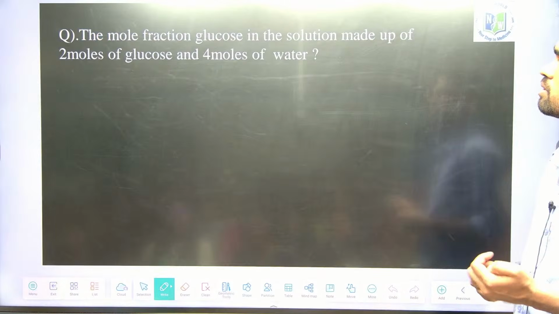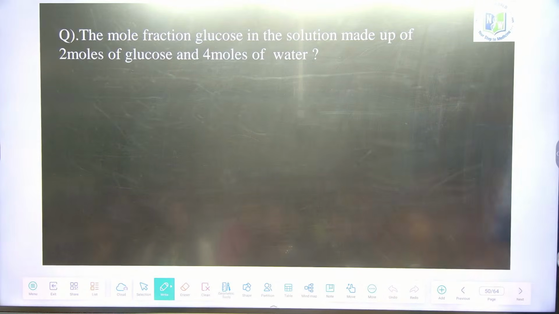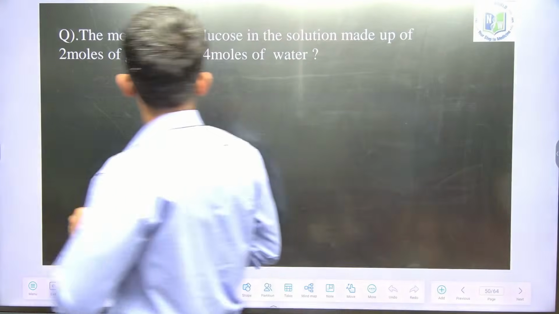Answer me this. Mole fraction of glucose in the solution made up of 2 moles of glucose and 4 moles of water.